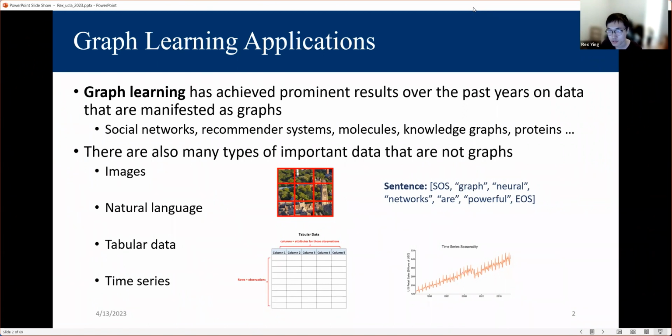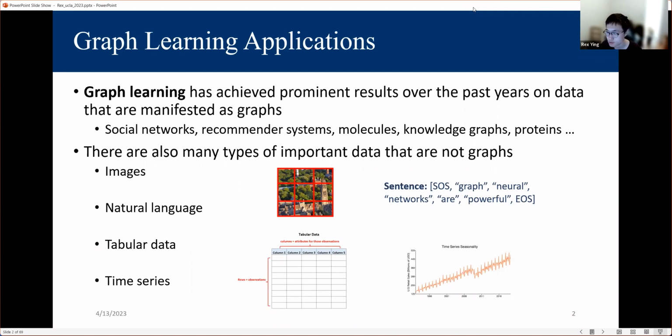Today I'm going to share a slightly different perspective, because in the real world, there are also many types of important data that are not graphs. We see images, natural languages, tabular data, time series, and so on. People have already explored whether graphs can be useful in these areas as a representation.